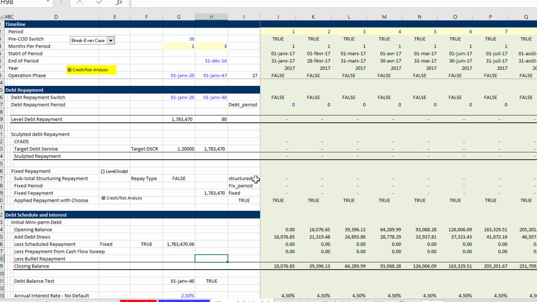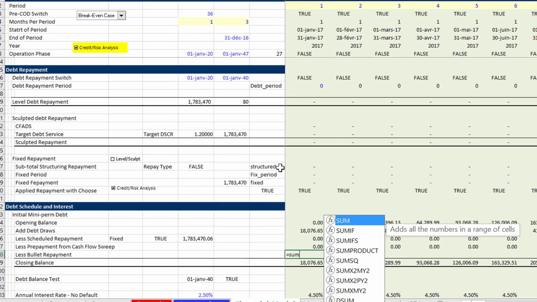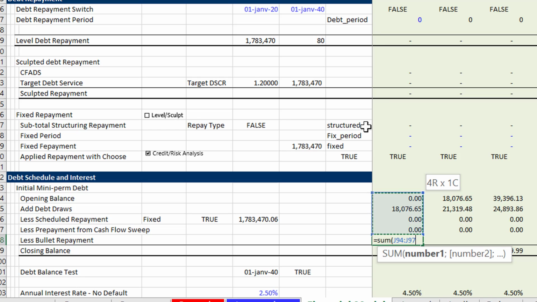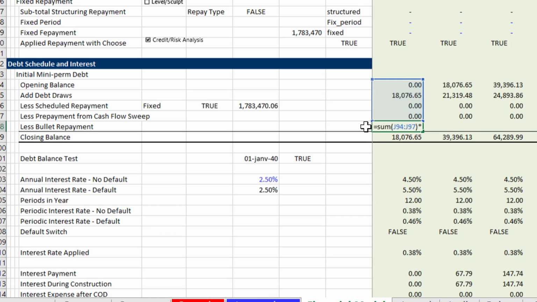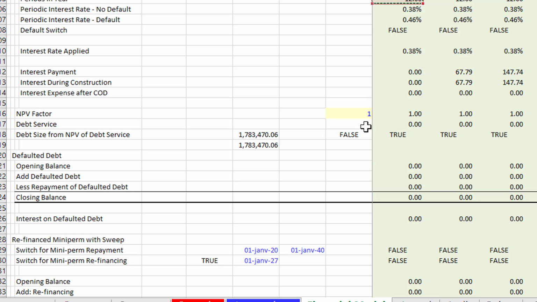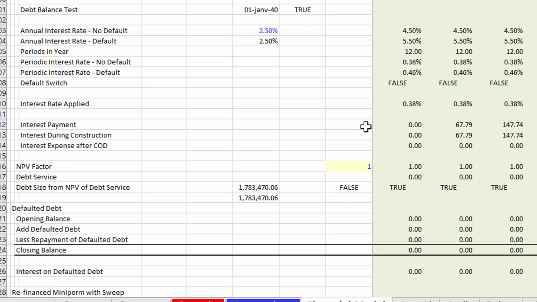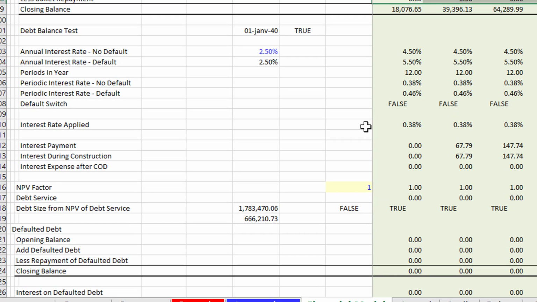When we have this bullet repayment of the debt, remember what we do is we add up everything that happened before and then just multiply that by our switch for the refinancing. Okay, and then we continue with that, and then we could do the same thing.